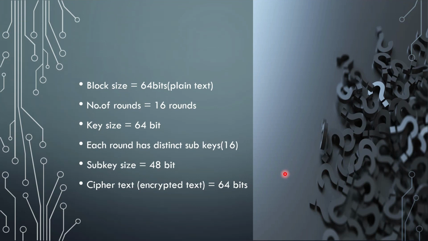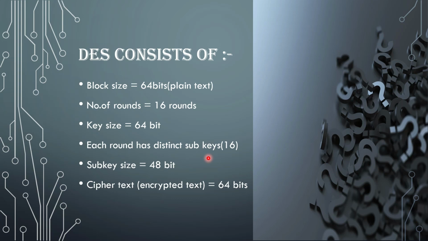Coming to DES, DES consists of block size as 64 bits and the number of rounds in DES is 16 rounds. So for each round, we are going to see the operation, what will happen. The size of the key is 64 and each round has distinct subkeys which are 16, like we are having 16 rounds, right?